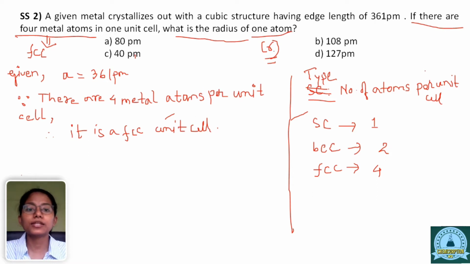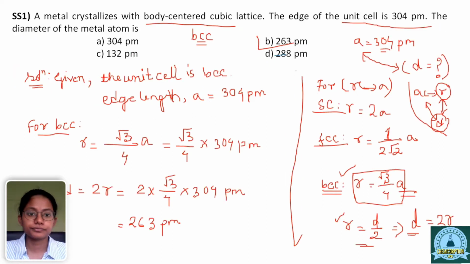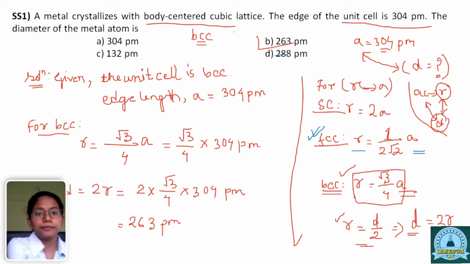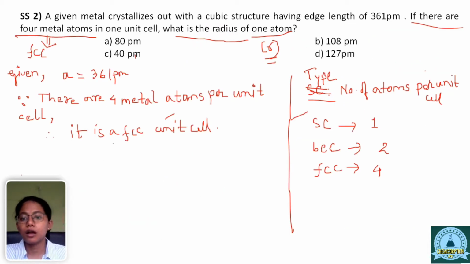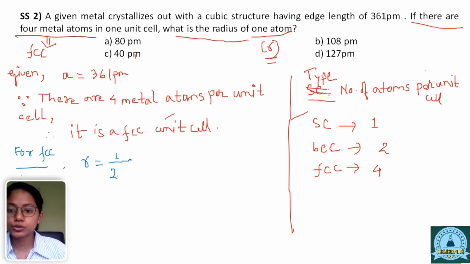So what is the radius of one atom? We have to calculate r. For FCC, what is the relation between r and a? We have already written it, right? For an FCC unit cell, r is equal to 1 by 2 root 2 a.